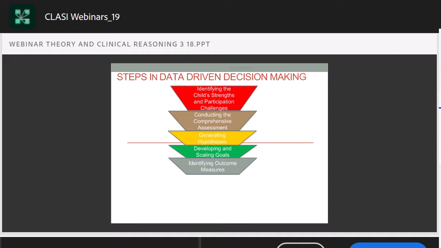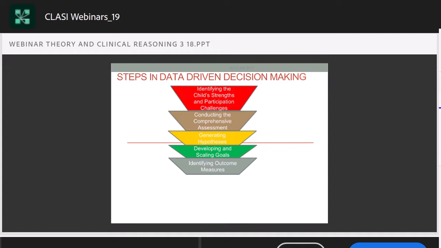Generate a hypothesis based on our knowledge of the patterns, and I showed you some of that research earlier. And then create our recommendation for service and predict what we think we can benefit, as well as identifying what we will actually do during the intervention. And then seeing, does it work or not? So this is a very systematic reasoning process.